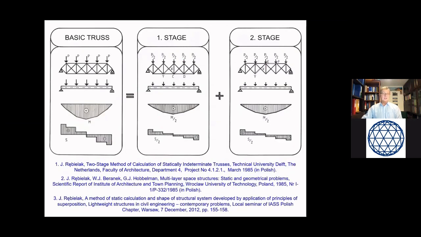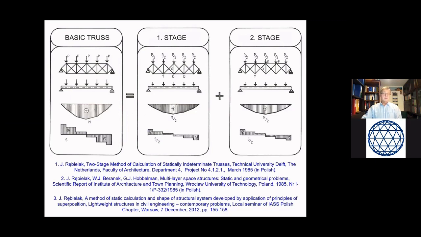In the first stage, one should remove from the top chord of the basic truss a number of members equal to the static indeterminacy, which gives a truss having the scheme shown in the central set of the F diagrams. That form of the statically determinate truss has to be loaded by forces having half the values of the load forces applied to the basic truss.